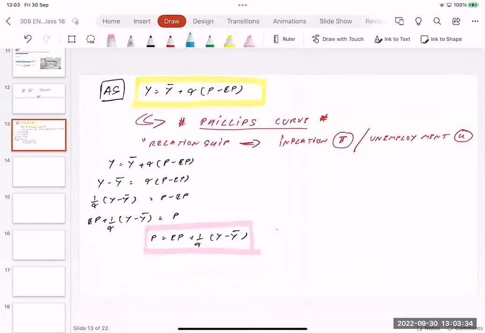The price of everything in the economy goes up or down depending on two factors. The first factor is ep, the expected price. If every firm in the economy thinks the price is going to increase in the future, then the price level is going to increase today.